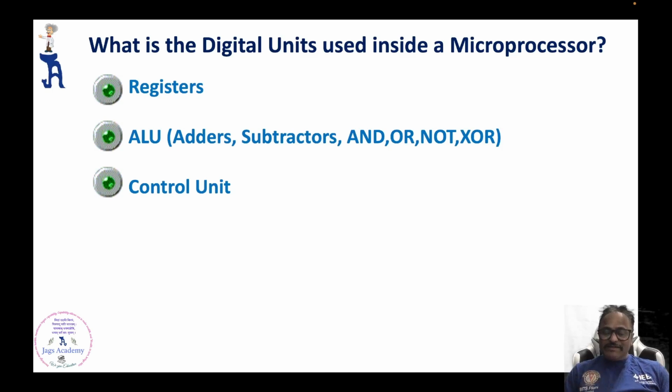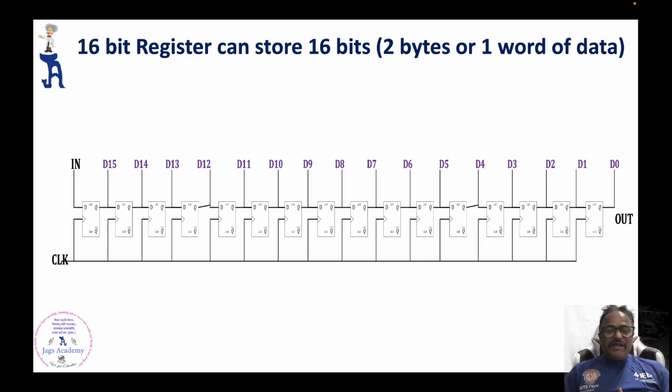Let us take registers. What are registers? You all have studied the D flip-flop in digital design. And the extension of the D flip-flop leads to registers, which we call shift registers. What we see here is 16 D flip-flops put in sequence, and we call it a shift register.